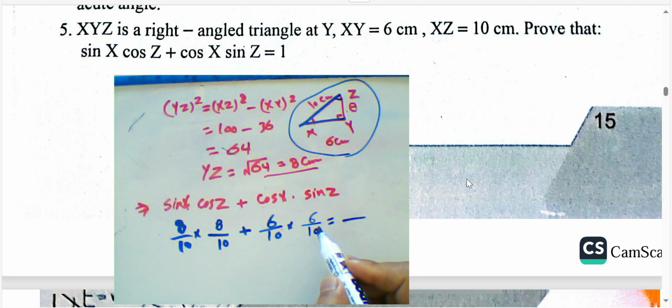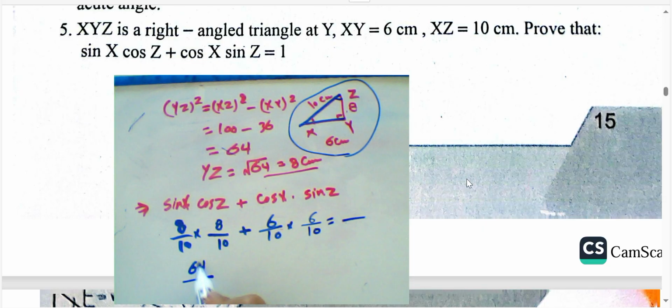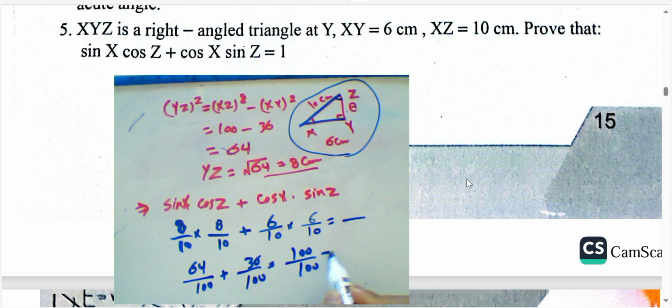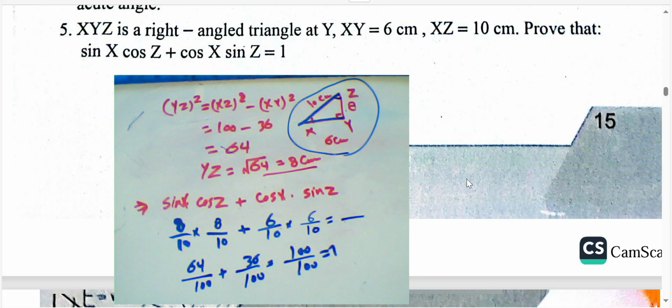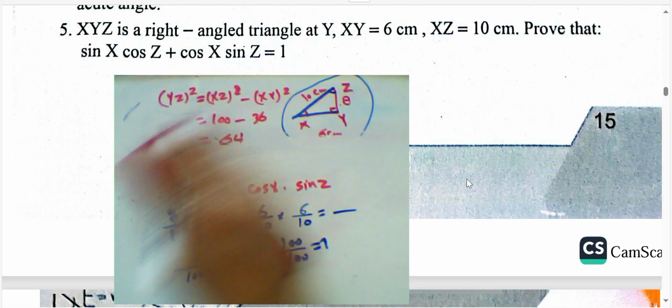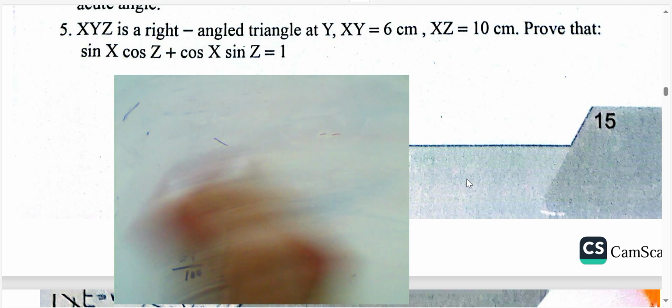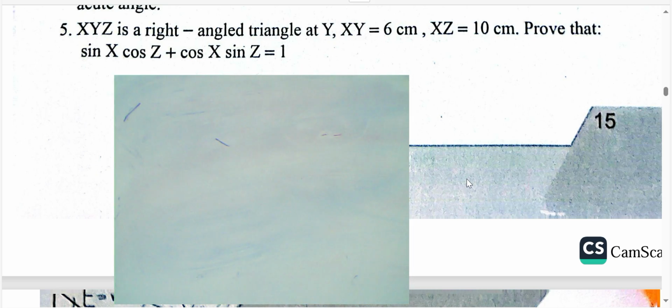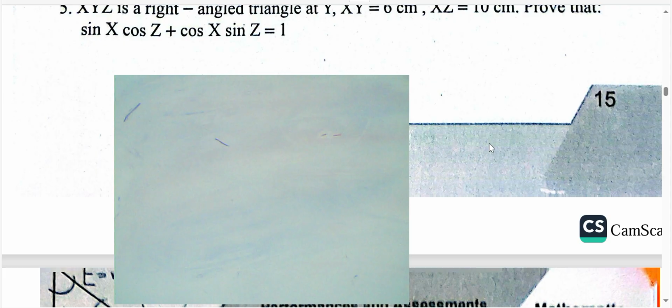And then we can find the answer in the simplest form here, 64 over 100 plus 36 over 100, and also 100 over 100 equals 1. Then the answer will be 1 in the simplest form. So left hand side will be equal to right hand side. Okay, next question.